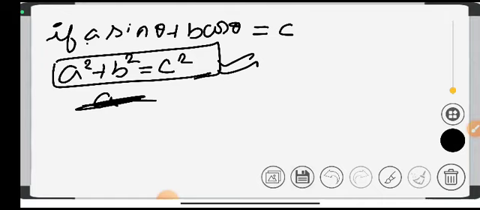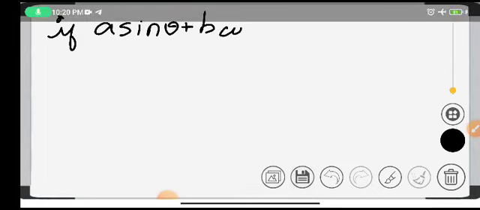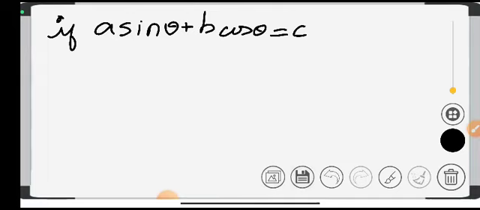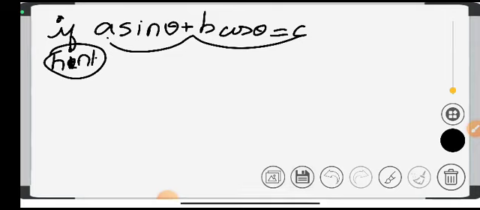Nobody's understanding. Let's make it clearer and clearer. If you see a question like this, that is a sin theta plus b cos theta is equal to c, you will get the hint. What is the hint? If you see a triplet here, here is perpendicular, here is base, here is hypotenuse.